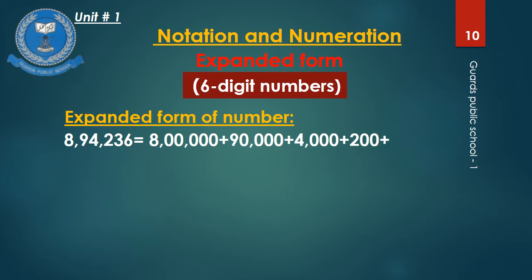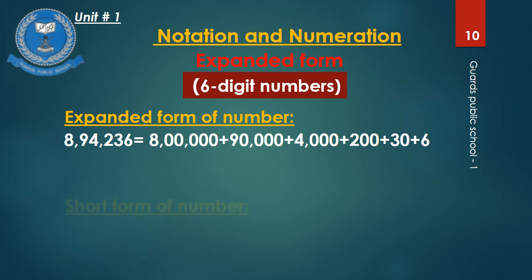Plus 9 10,000, 9 with 4 zeros, plus 4,000, 4 with 3 zeros, plus 200, 2 with 2 zeros, plus 3 tens, 3 with 1 zero, plus 6. 6 is at the unit place, so it will remain the same.